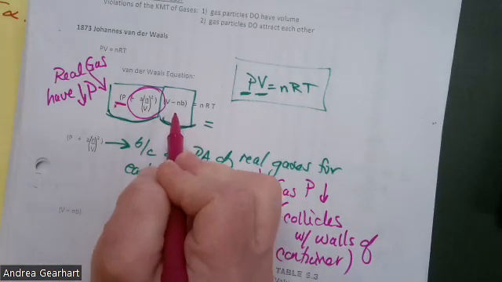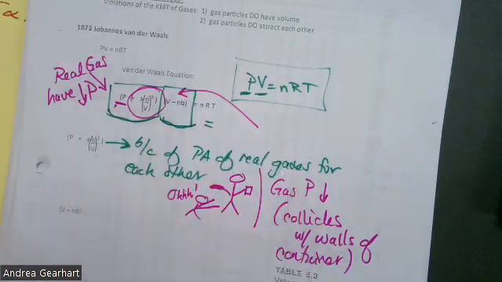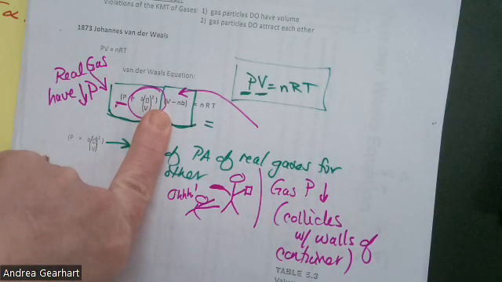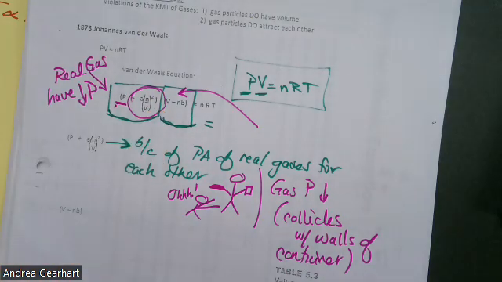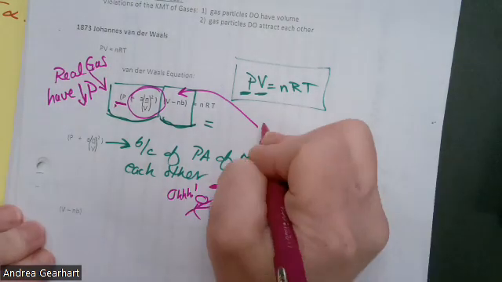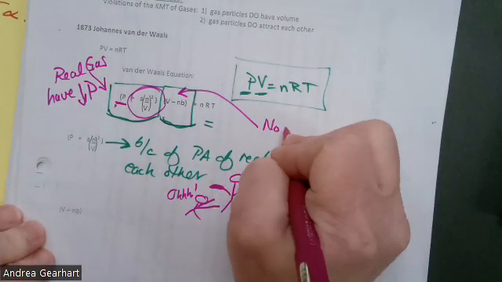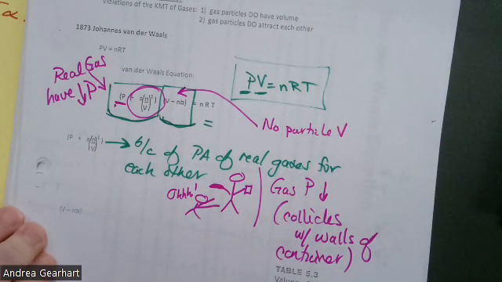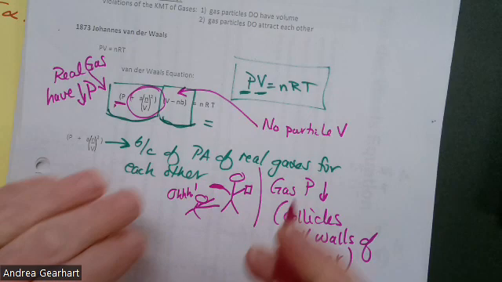The volume. This volume is the volume of the container. And we say with ideal gases, we're going to ignore volume, right? There's no particle volume. Well, that's okay at high temperatures and low pressures, but not those conditions.